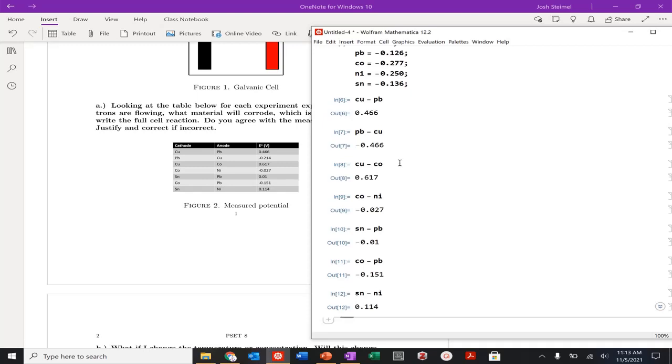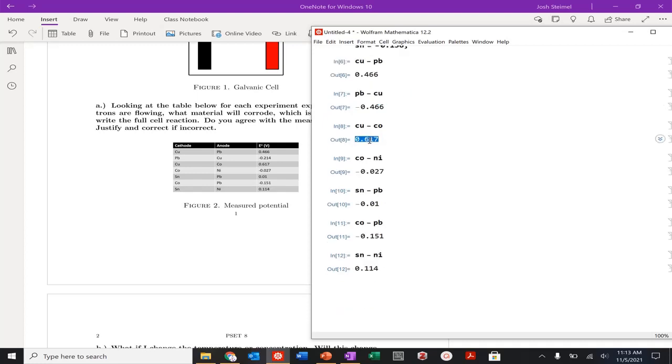So we know that the electrons are moving from the anode to the cathode if this value is positive. So here, the electrons aren't moving from the anode to the cathode, they're going in the opposite direction. So, for example, in this first problem, Cu, Pb, electrons are moving from Pb to Cu. You can do the same thing for Co, moving from Co to Cu.